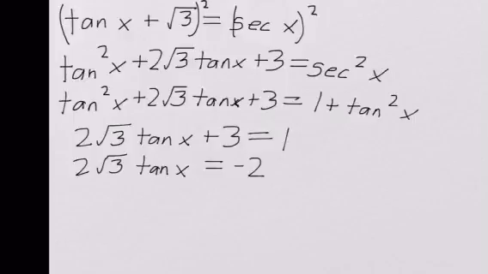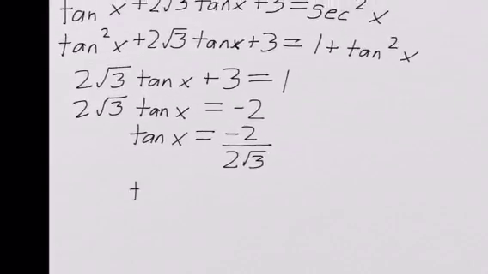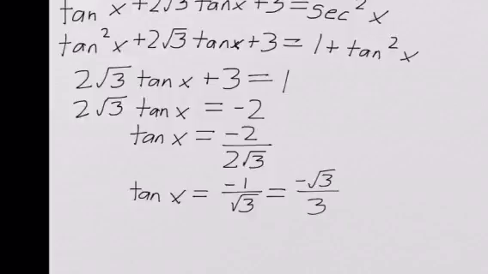I'll go ahead and divide by 2 times the square root of 3. So I'll put it down for now as negative 2 over 2 times the square root of 3. And then doing a little bit of algebra with that, I get that the tangent of x is equal to negative 1 over the square root of 3, or negative square root of 3 over 3.